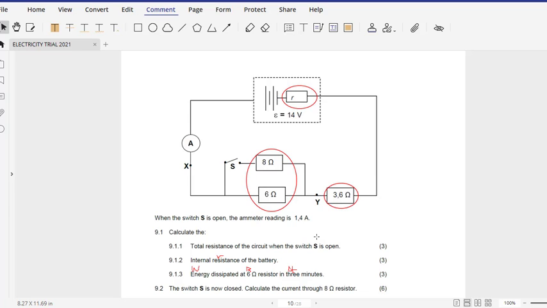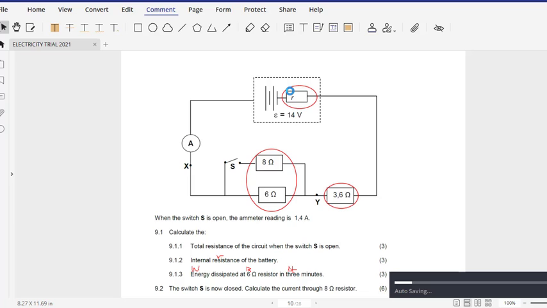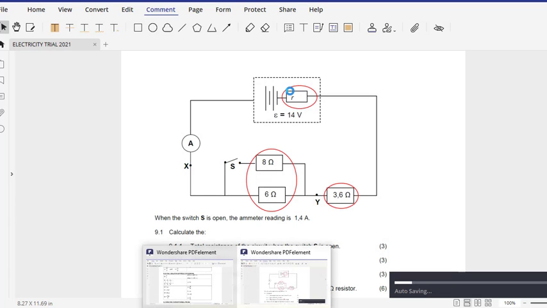The switch is still open because we have not been told that it has been closed. So we see that one, and then we have the internal resistance R, and then we can use the EMF formula to find the total resistance of the circuit.